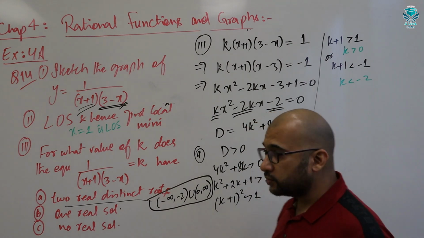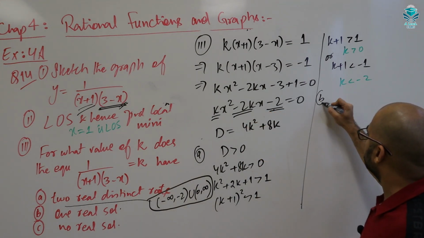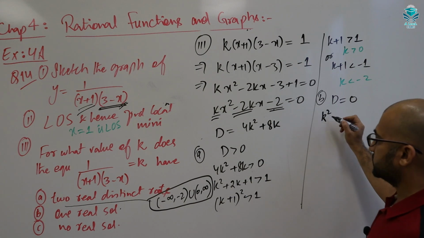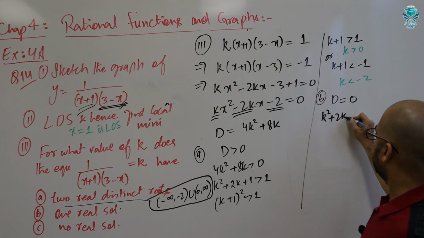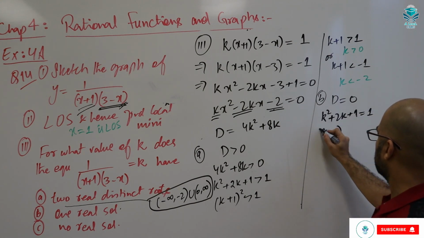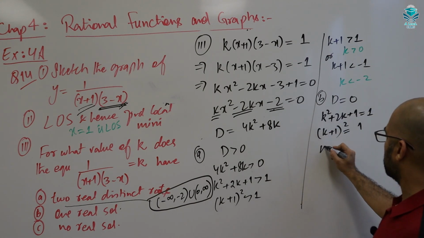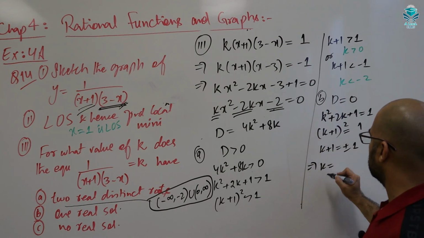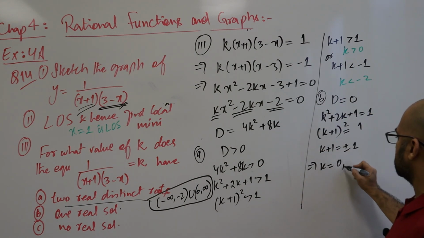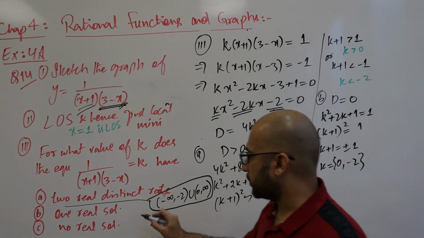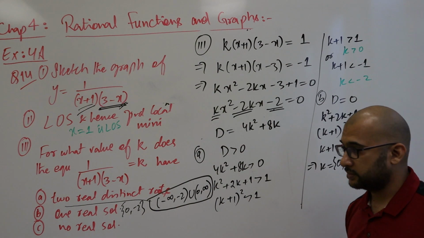For one real root, the discriminant must be 0. So you have k squared plus 2k plus 1 is 1, (k+1) squared is 1, so k+1 is plus or minus 1, meaning k is either 0 or -2. So these are the two possible values for one real root.